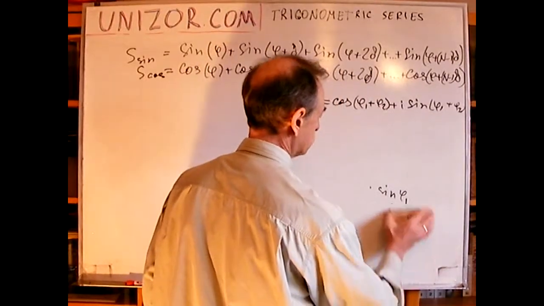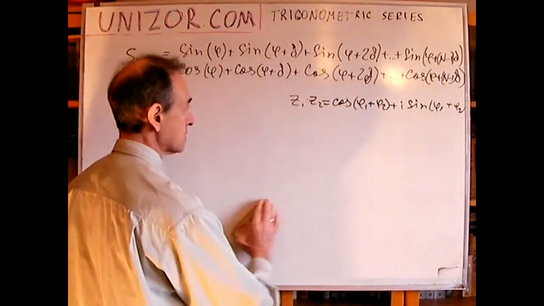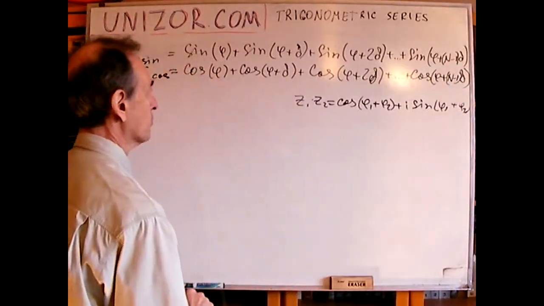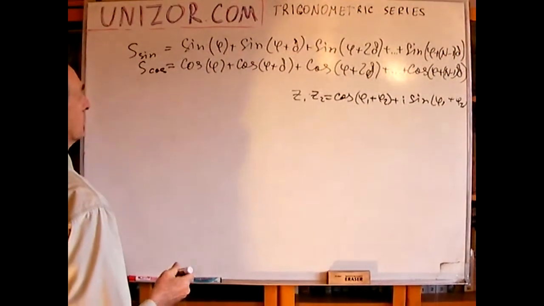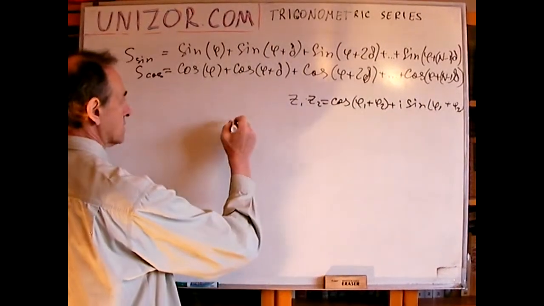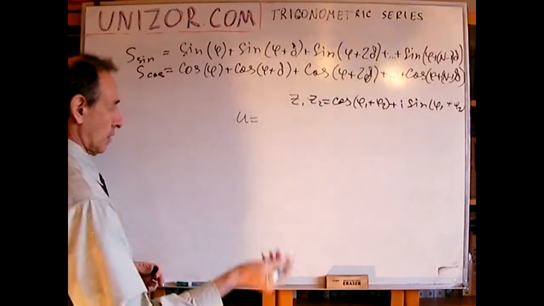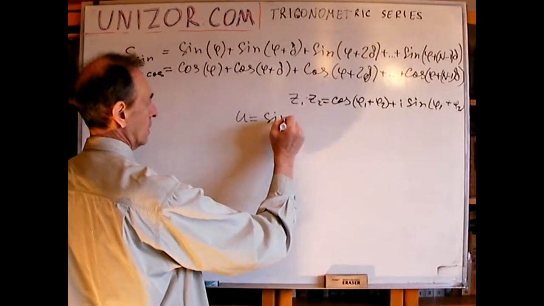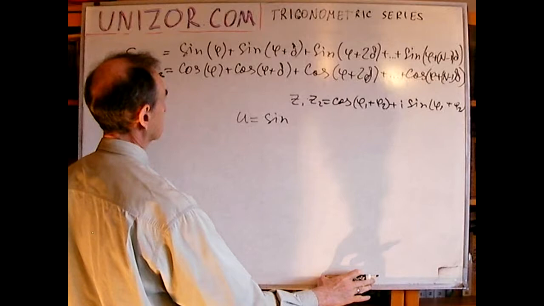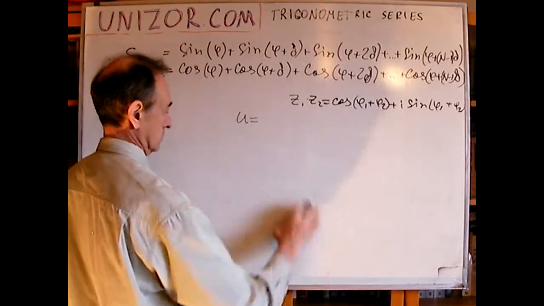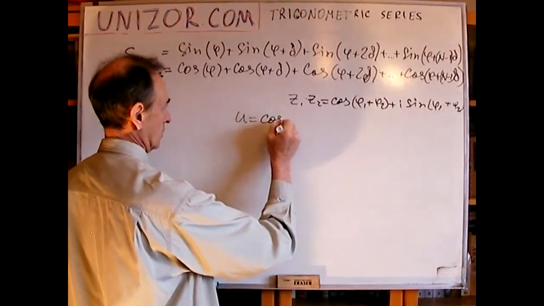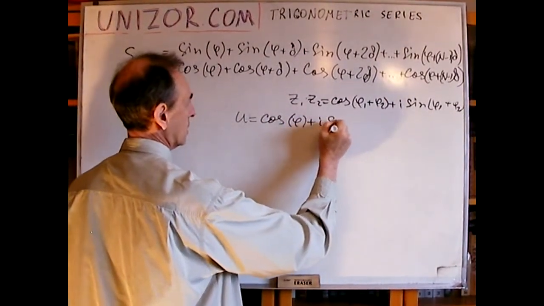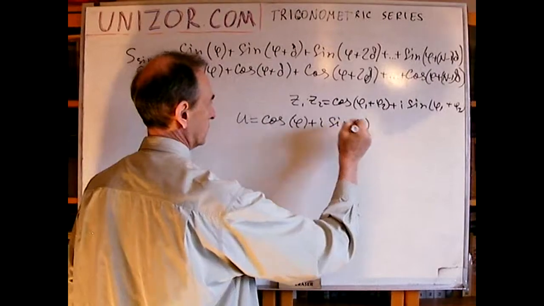All right, so knowing this, I would like to use this particular feature for the following purpose. Let one complex number u be cosine phi plus i sine phi.